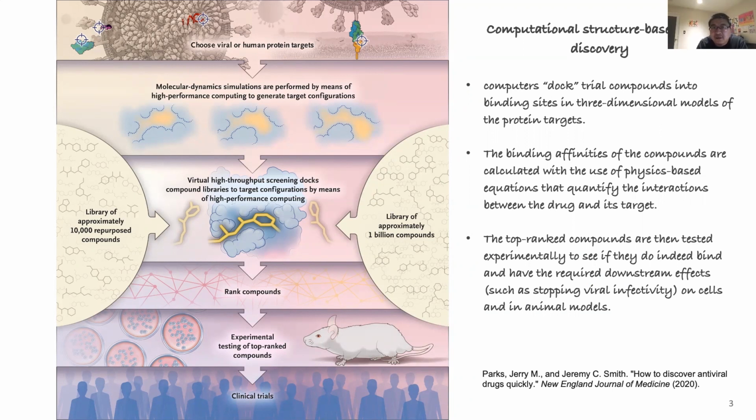The binding affinities of the compounds can be calculated with the use of physics-based equations that can quantify the interactions between the drug and its target. The top-ranked compounds are then tested experimentally to see if they do indeed bind and have the required downstream effects, such as stopping viral infectivity on cells and in animal models.